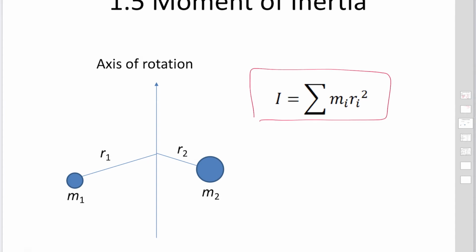If you consider two objects, the moment of inertia of this system is m sub 1 r sub 1 squared plus m sub 2 r sub 2 squared. So you sum up all the mass times the square of the distance to the axis of rotation. This is the definition of the moment of inertia.